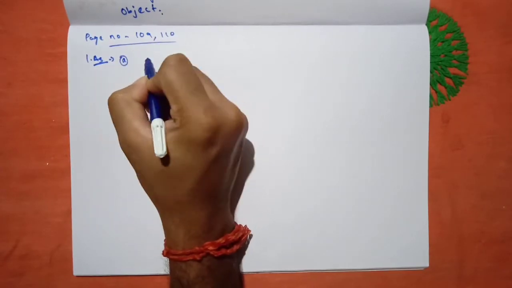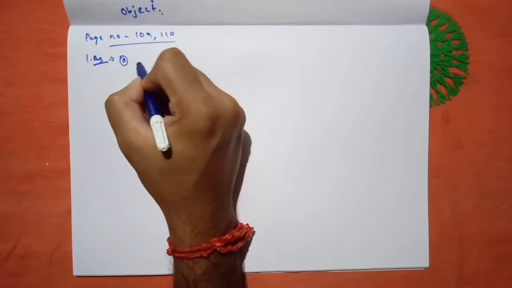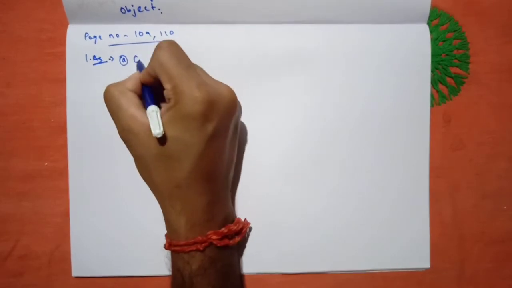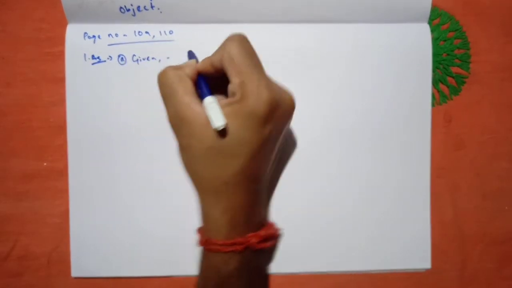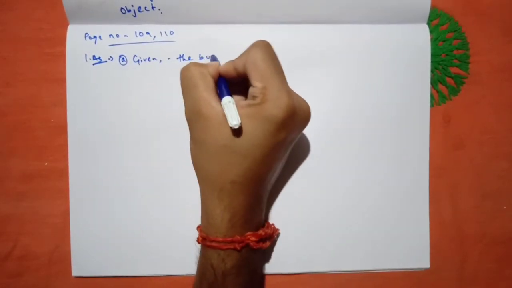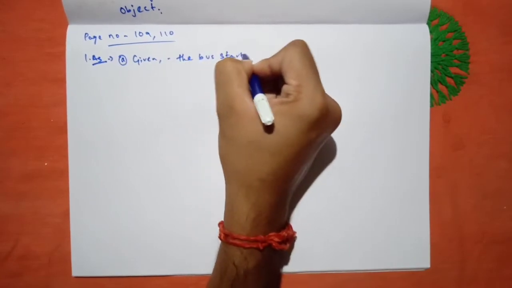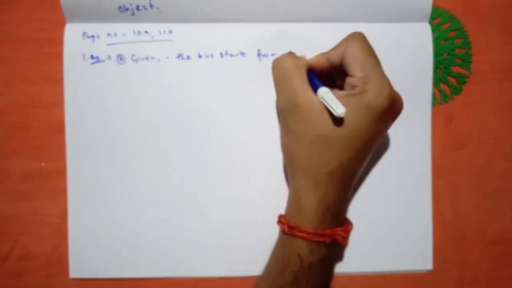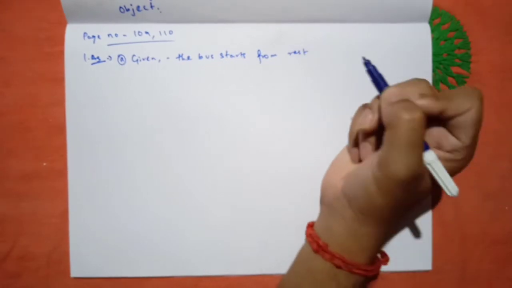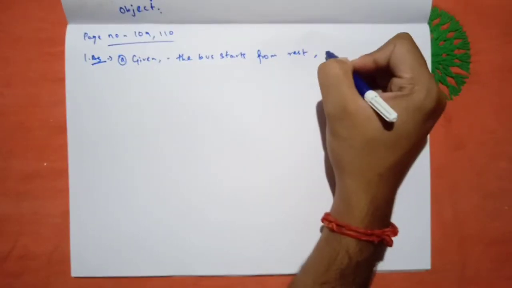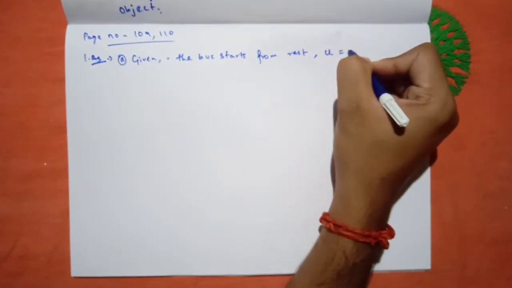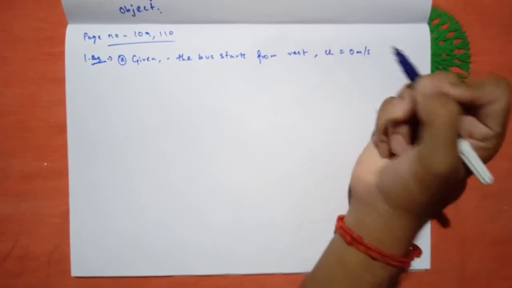So first of all, A, the speed acquired. The given is the bus starts from rest, and its initial velocity u is 0 meter per second.